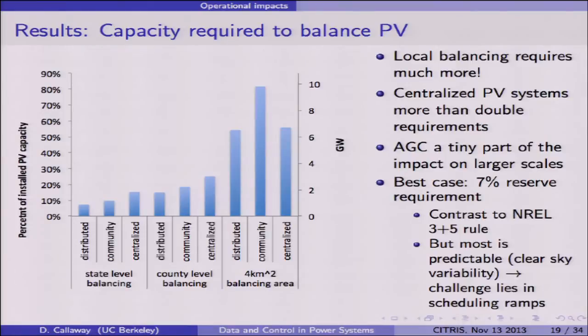So just to put it into context, a couple of things. One is that I suggested to you that there's an estimation that we need 4 gigawatts of balancing capacity to deal with the state's entire renewable portfolio standard. But this 12 gigawatt requirement of distributed PV would only meet a fraction of that renewable portfolio standard.